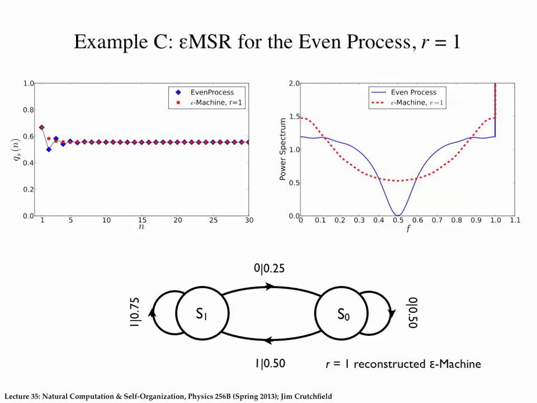The causal state architecture looks like this, and remember, with the even process, we were forbidding zeros an even number of ones. I wrote it down that way. Here, all sequences are allowed.